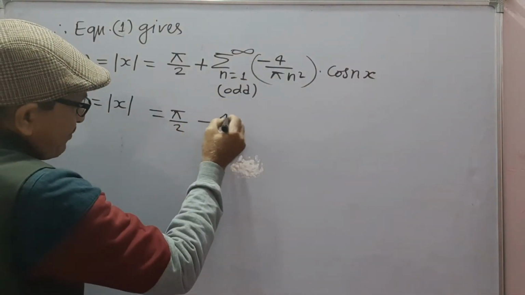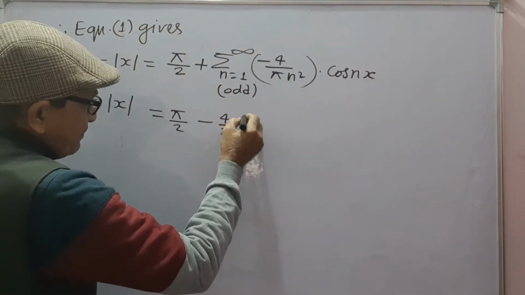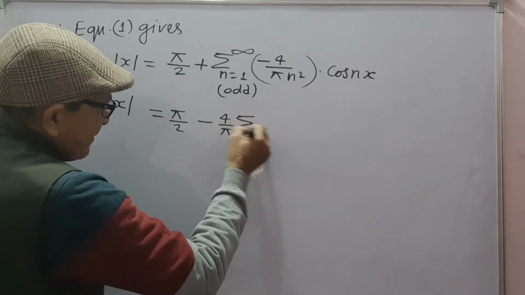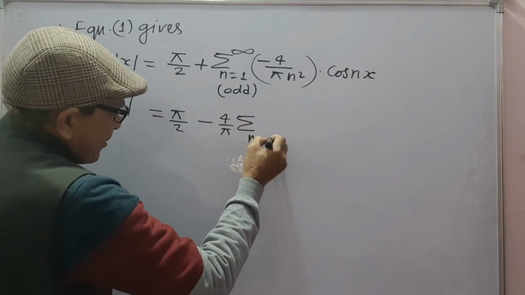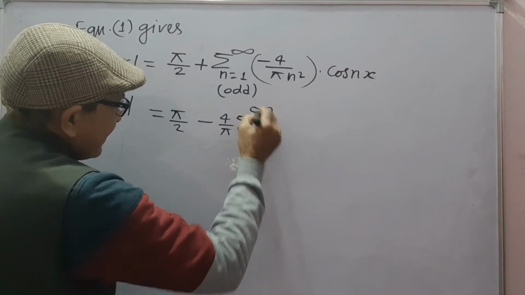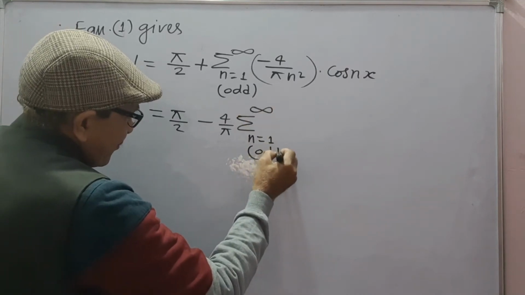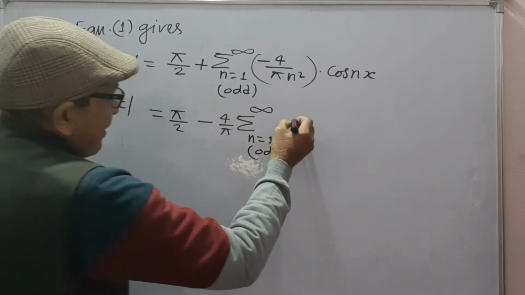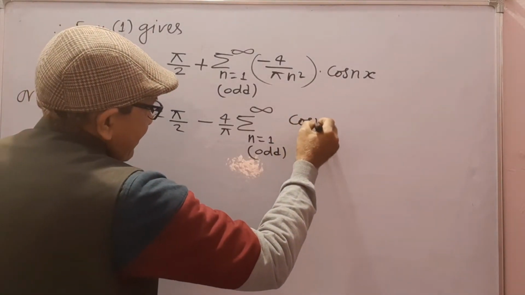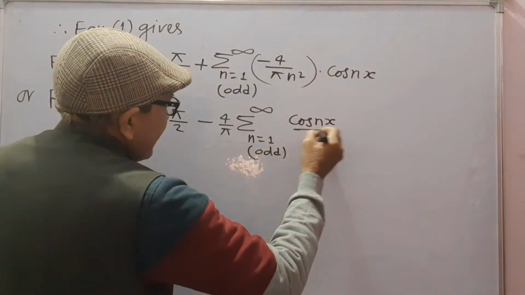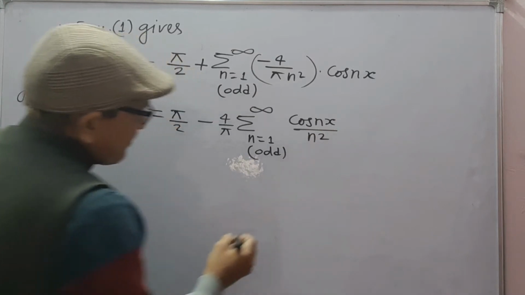or f(x) = |x| = pi/2 minus 4/pi summation n = 1 to infinity, odd values of n, cos nx/n².